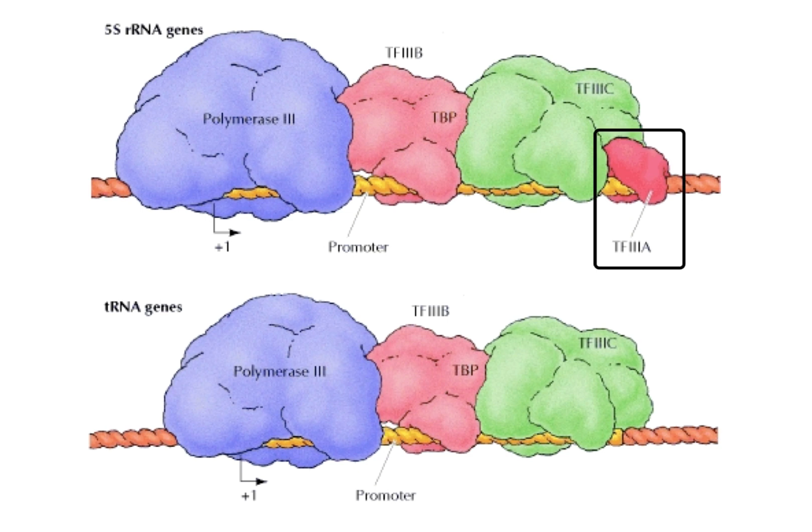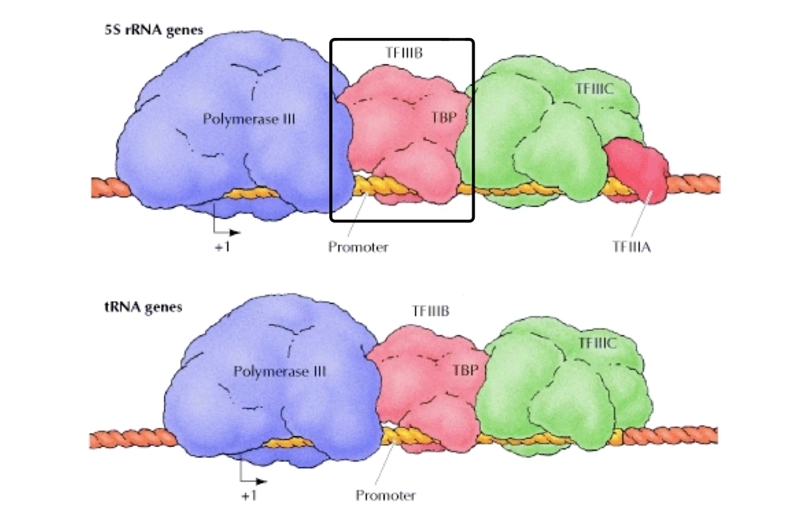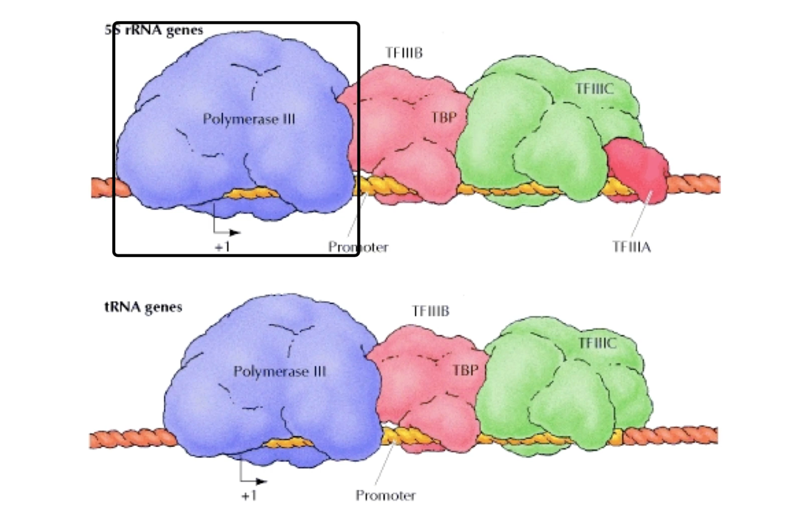For 5S genes, then you need this transcription factor 3A that attaches to the C box, and that then attracts transcription factor 3C, that attracts transcription factor 3B, and finally RNA polymerase 3, which then begins transcription here.